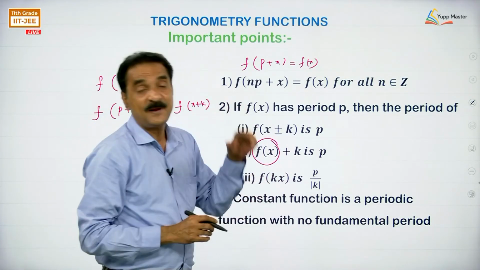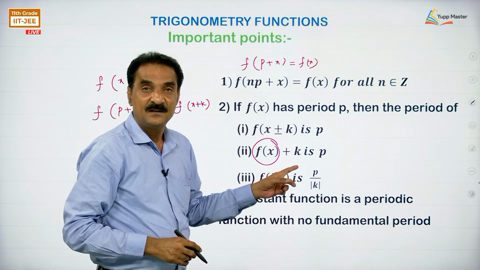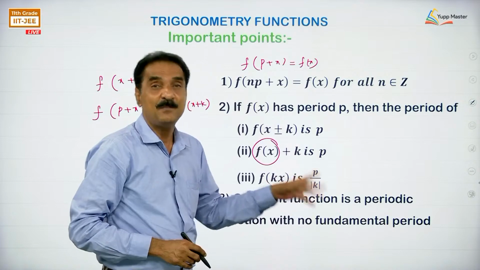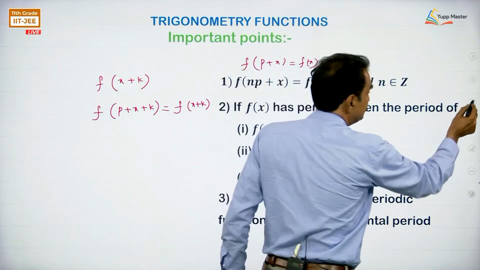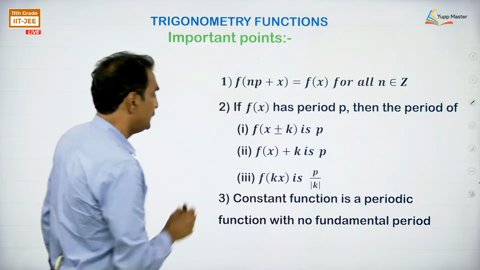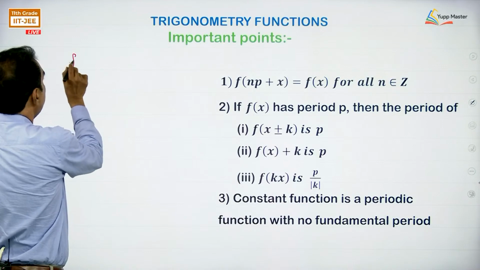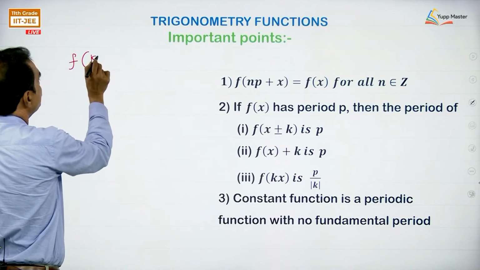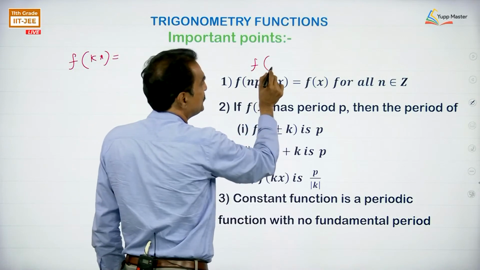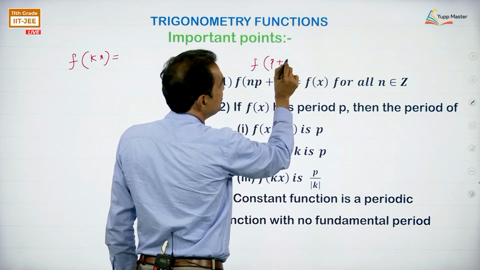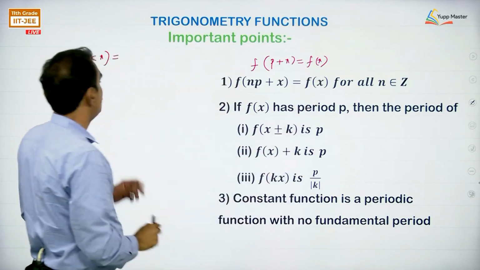But if you multiply x by k, the period will change. The period becomes p by mod k. Let us see how. First, let us assume that k is positive. I want the period of f of kx, but f of x has period p. So, f of p plus x is equal to f of x.